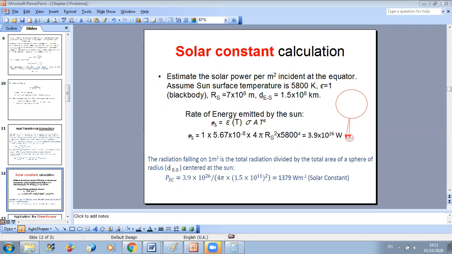Okay, so this part, the upper part, will be exposed to the sun, while the lower part will not be exposed to the solar rays. Okay, so we always consider that the radiation of the sun will be absorbed by the upper part only.